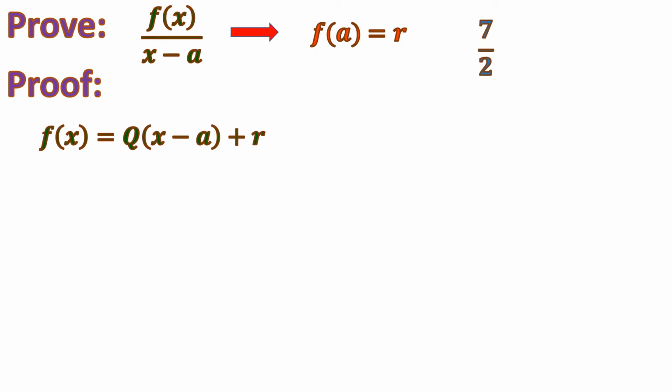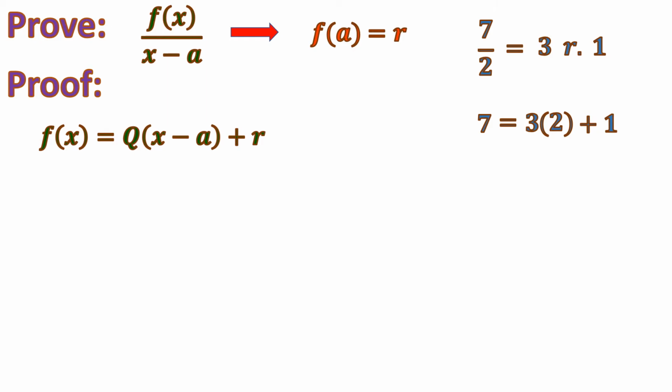For example, let's say the f of x is 7 and the divisor x minus a is 2. If you divide 7 by 2, of course that's not divisible, but we can only have a quotient of 3, but 3 times 2 is 6, so there's a remainder of 1. That means you can write 7 as the quotient 3 times the divisor 2 plus the remainder 1. So that's 3 times 2 is 6 plus 1, 7.